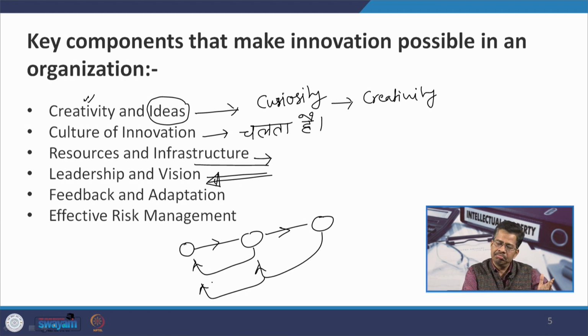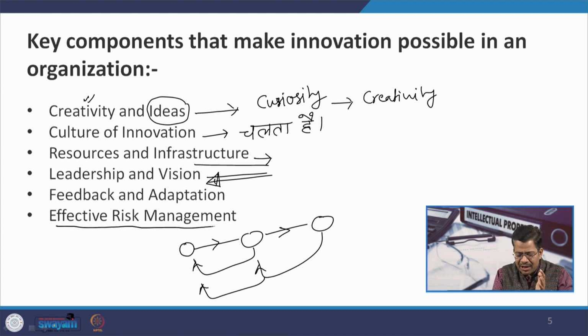And there are always risks in the process of innovation. Many people feel that innovation is all about risk taking. Yes, to some extent innovation is about risk taking, but it is not a blind risk. You need to have a proper risk management system in your organization.